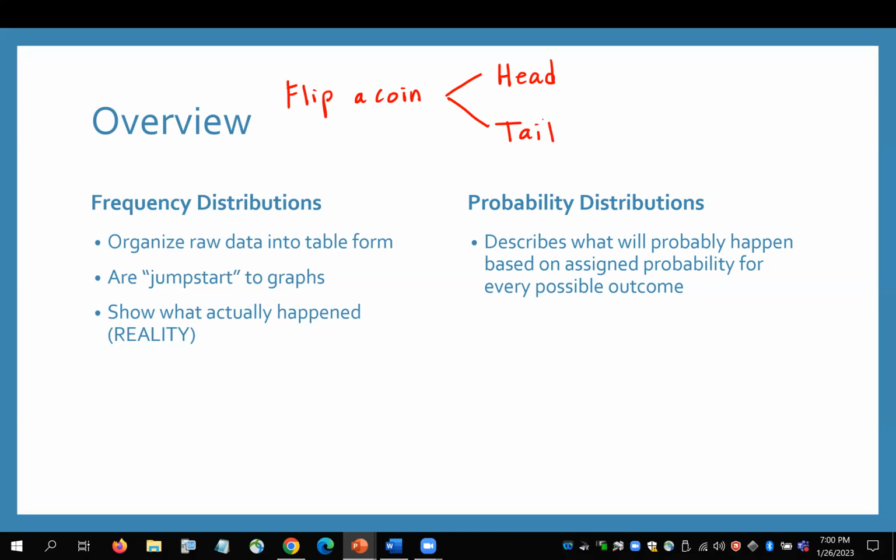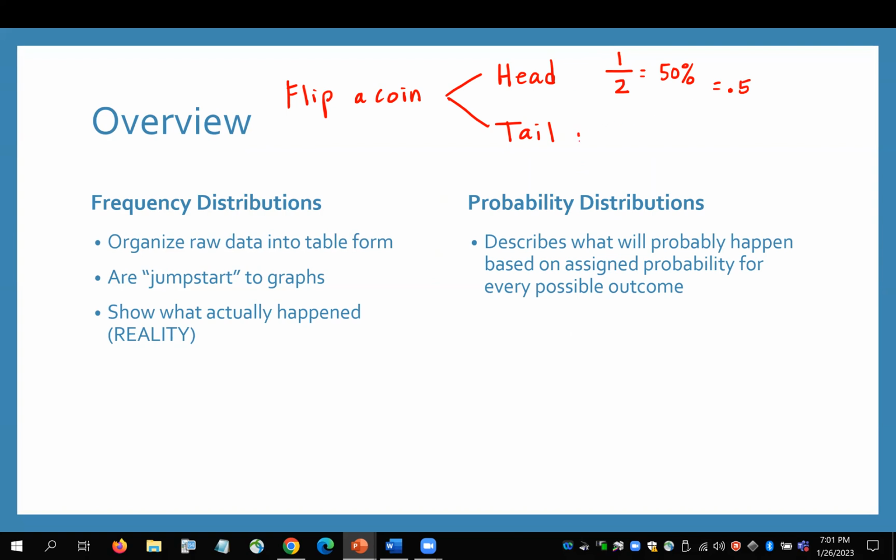And from what I've learned through the years, through experience, I know that the probability of a head is 1 out of 2. There's one way to get a head out of the 2 options that I have, which, if you want it as a percentage, is 50%, or as a decimal is 0.5.